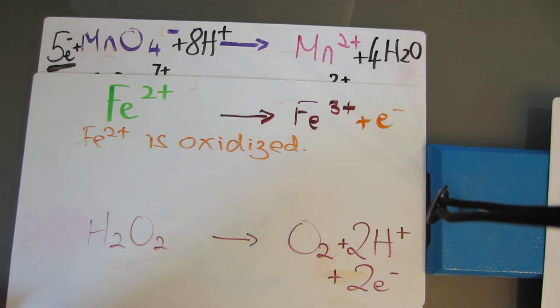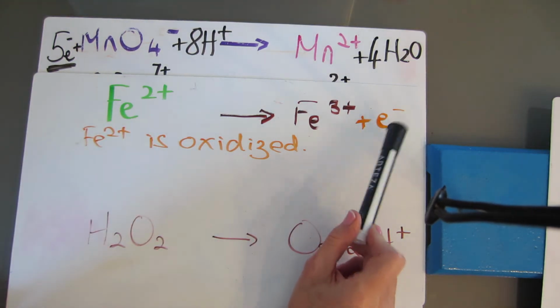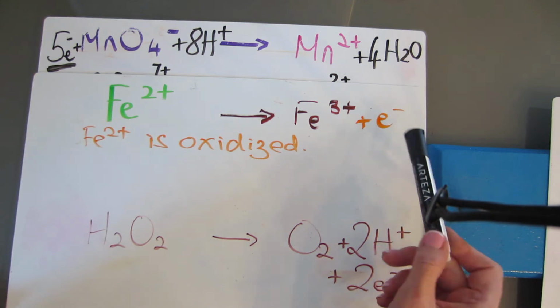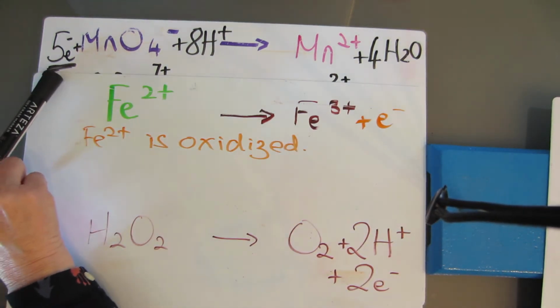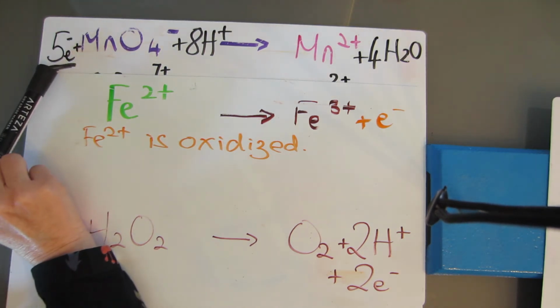A reaction will only happen if one reactant gives away electrons, so the electrons are on the right hand side, and these are the electrons that are accepted by the other reactant, and the electrons are going to be on the left hand side of the half equation.